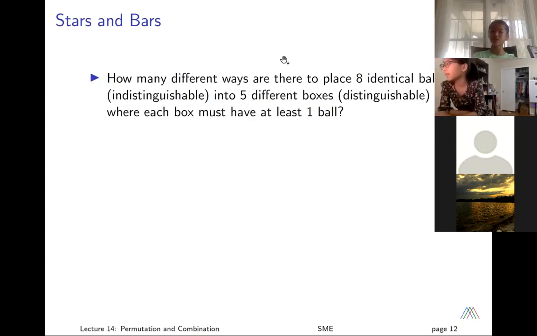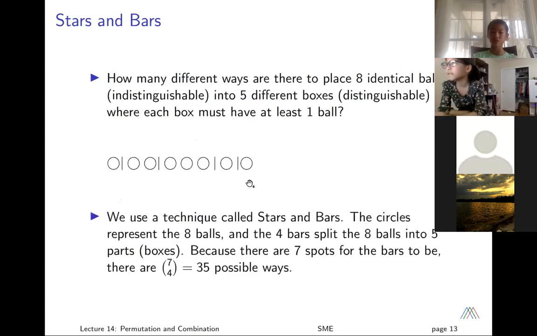Here we don't have much time, so I'll just tell you guys how to do it. You can use this technique called stars and bars. We have this diagram here. Each of these circles represents a ball, and we put 4 bars here.